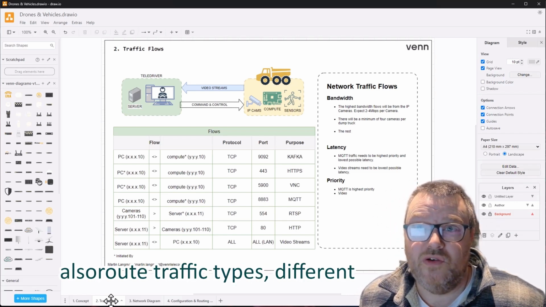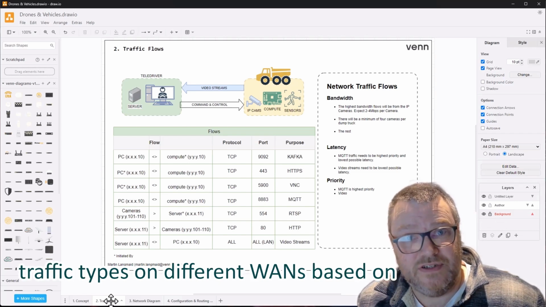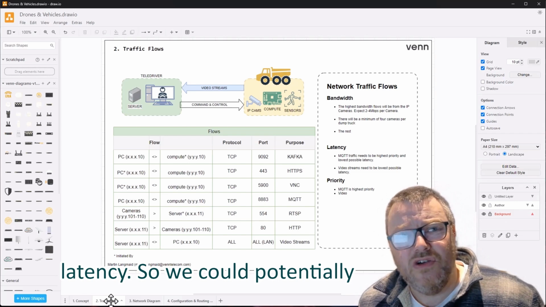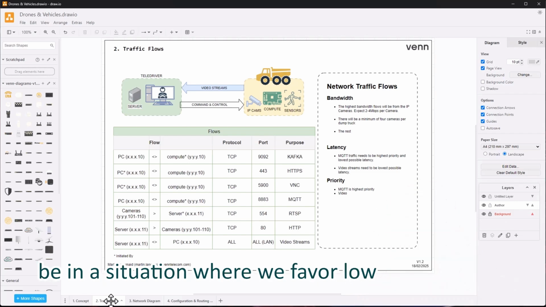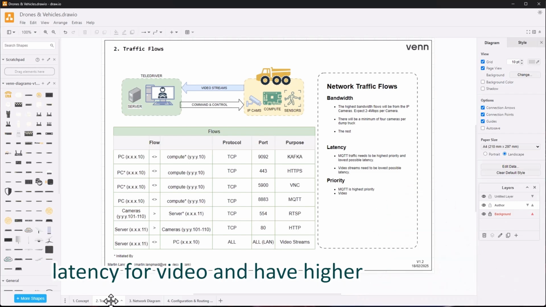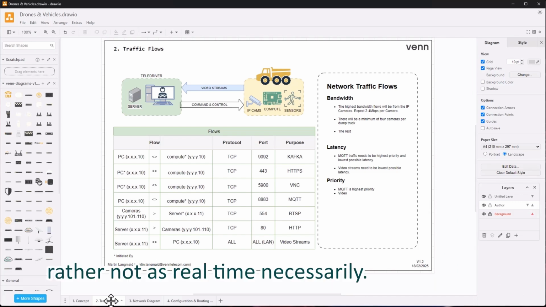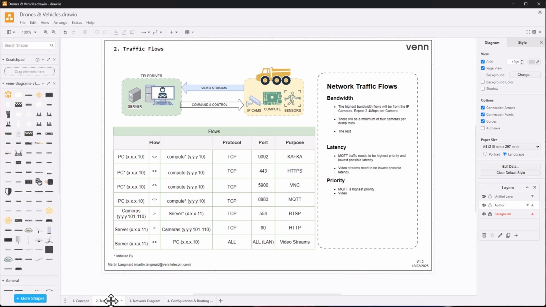And we can also route different traffic types on different WANs based on latency. So we could potentially be in a situation where we favor low latency for video and have higher latency just for sensor logging, which perhaps isn't as important, or rather not as real time necessarily.